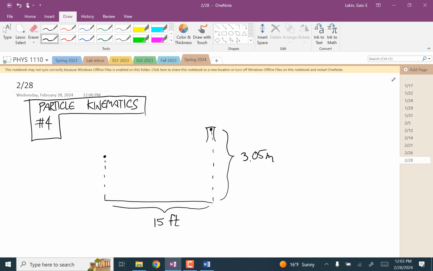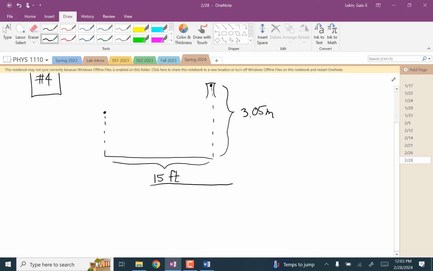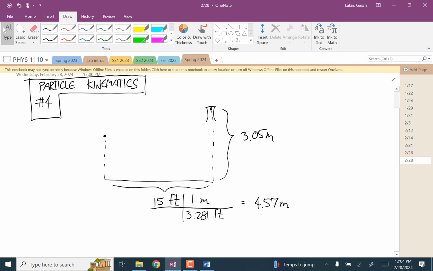I guess right away we know we're going to convert that to meters to match the other stuff. 3.281 feet is 1 meter. So this is 4.57 meters.